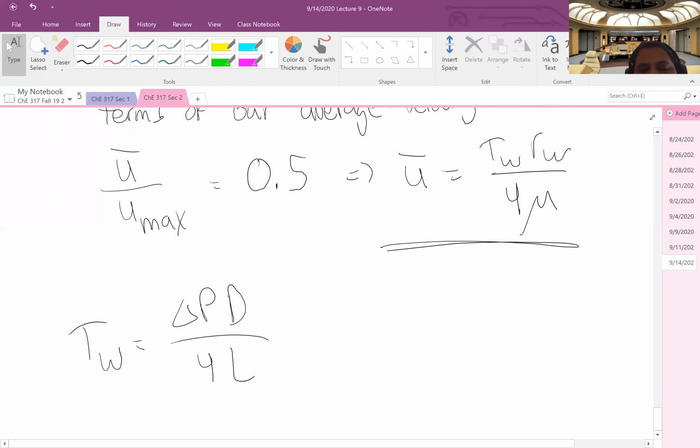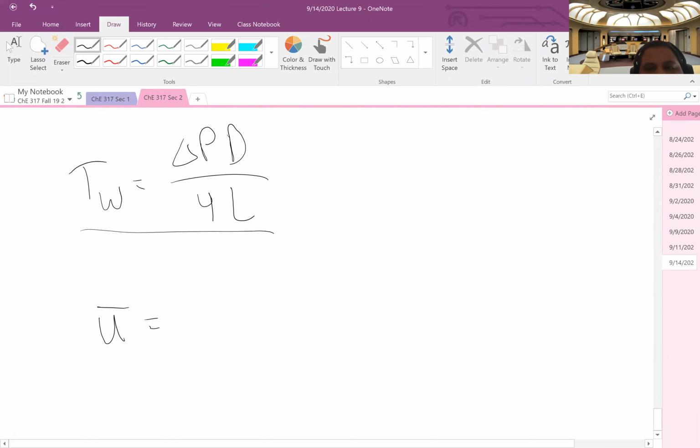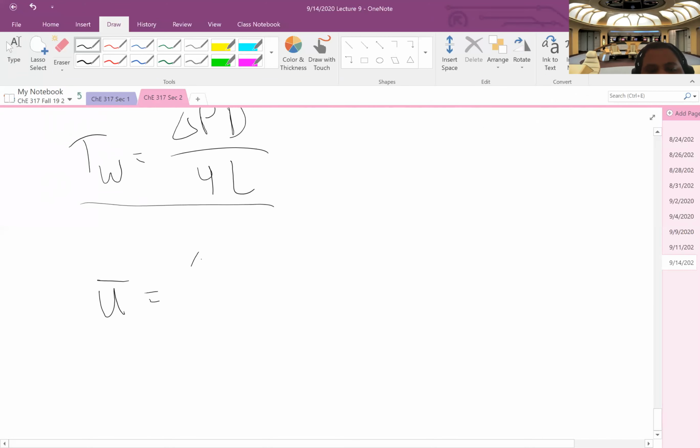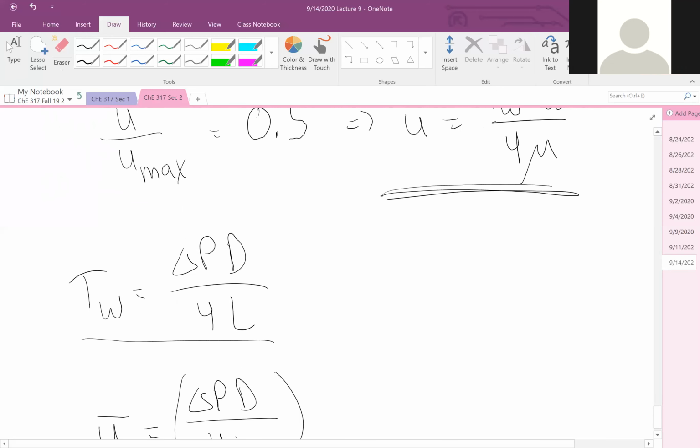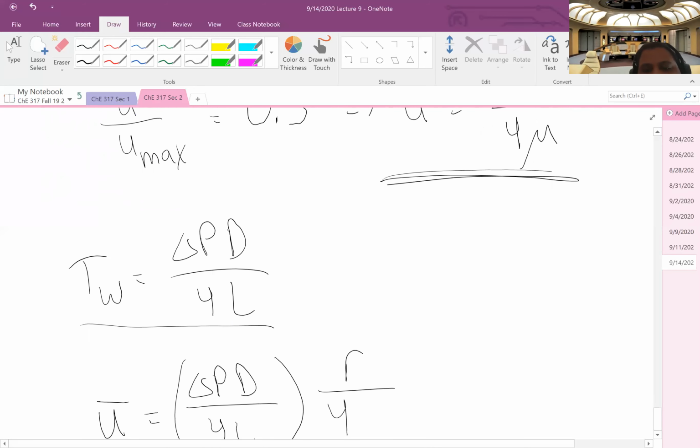So now I have another expression for shear stress that I can compare with this velocity expression. And so if I plug in shear stress here, I have U bar equals delta P times diameter over 4L, divided by 4 times mu.